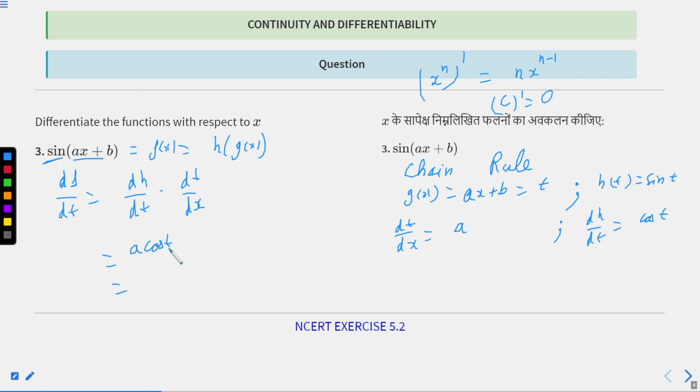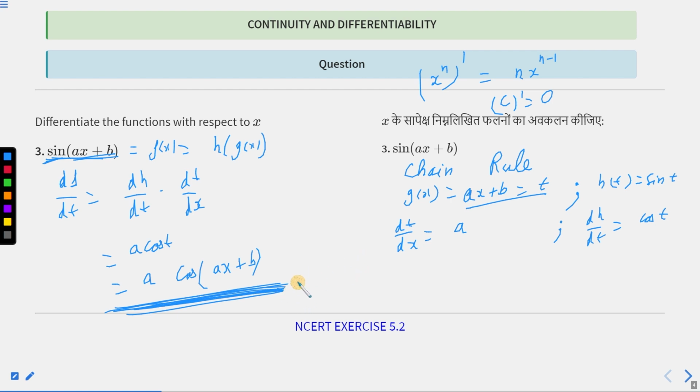Replacing t, this will be a cos of ax plus b. Your final answer for this part is a cos of ax plus b. So the derivative of this function will be this.